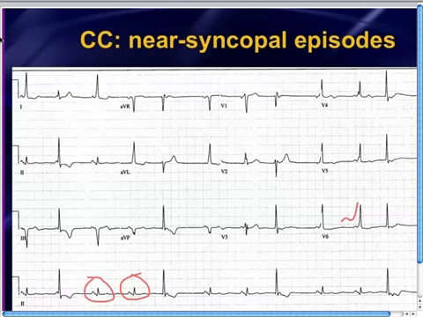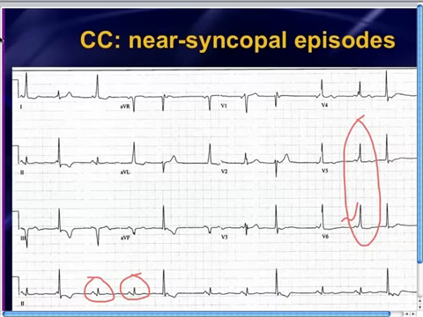There's no rhyme or reason to it. The key thing is, whenever you see a short PR, you've got to look in all 12 leads for delta waves, because in some cases, just like in this case, you're only going to see nice delta waves in a couple of leads. It's a really important miss that occurred initially when the EKG was first evaluated.